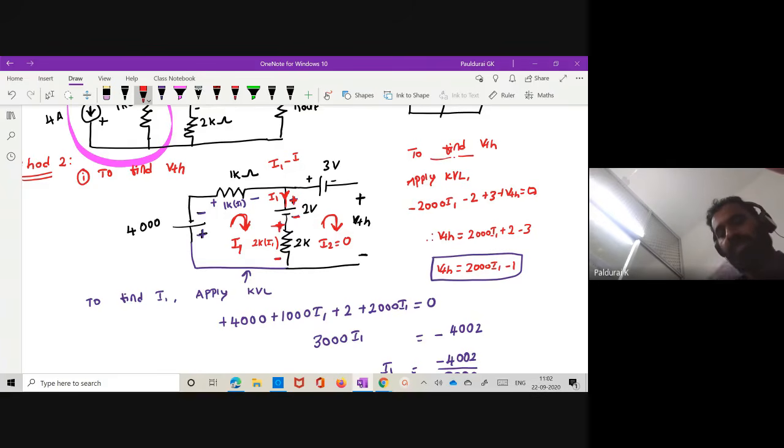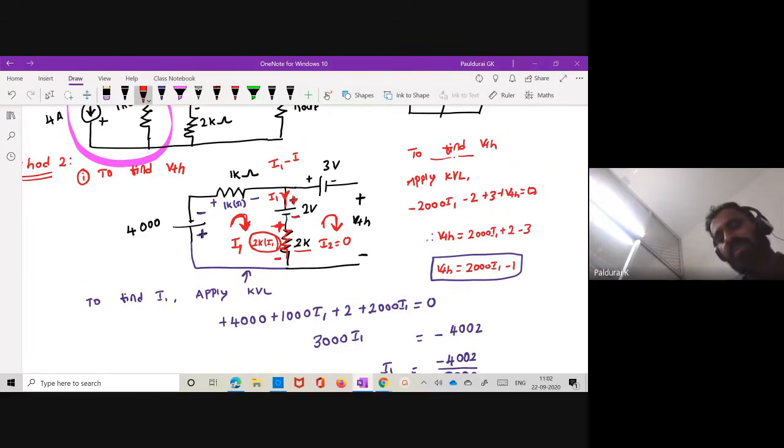So this is plus 2 minus plus 2, but here plus 2 minus. What is the voltage drop across this 2K resistor? V equals I times R, where R is 2K, and I is given by I1, right? I1 minus I2, where I2 equals 0, so I1. So I write this formula as 2K times I1.